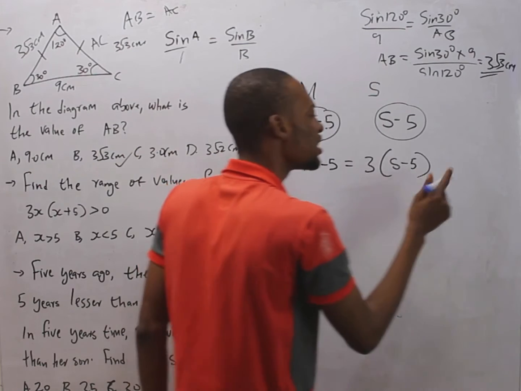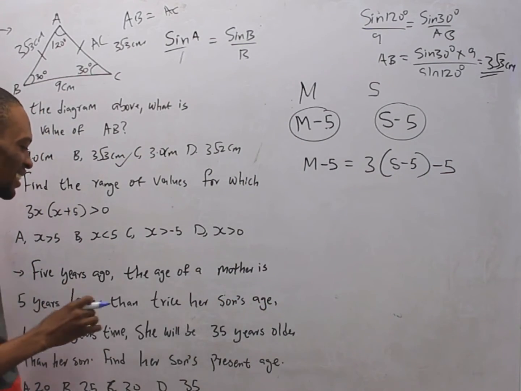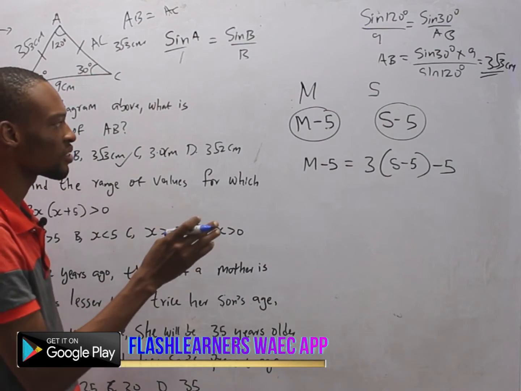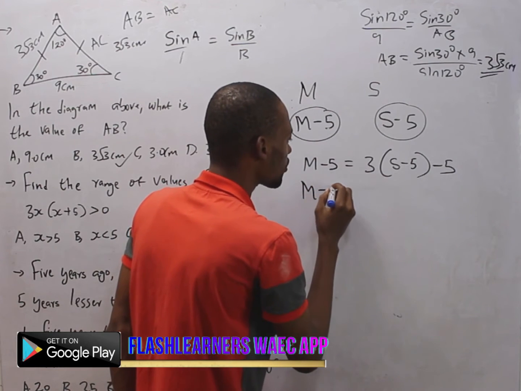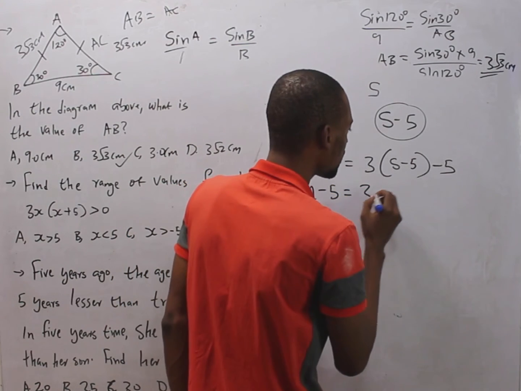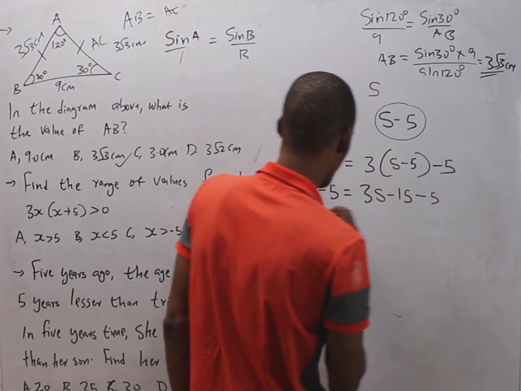After multiplying by 3, we remove 5. That's the meaning of 5 years lesser than thrice her son's age. This means M minus 5 equals 3S minus 15 minus 5.